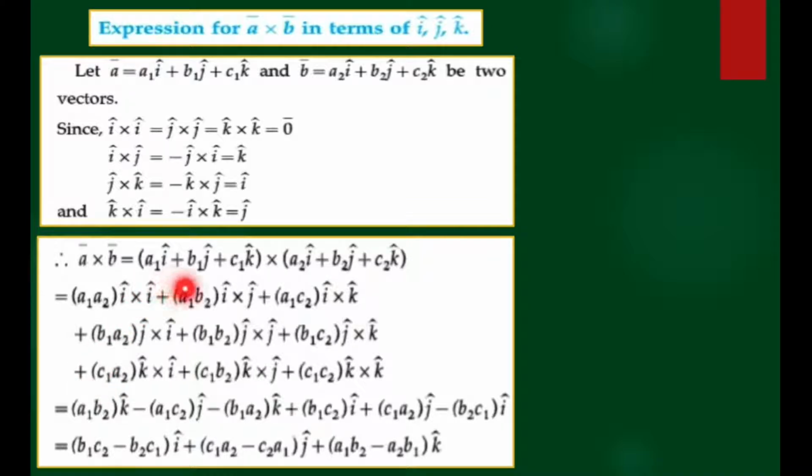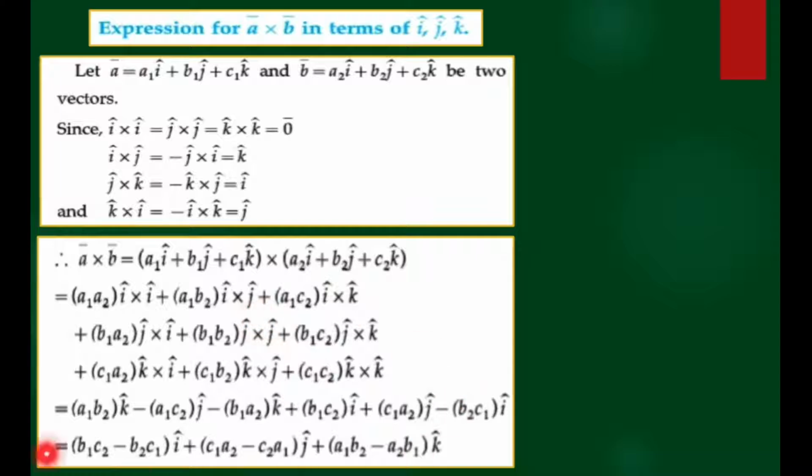So we write b1 a2 i cross i, b1 b2 j cross j, then b1 c2 j cross k. In this way we multiply by c1: c1 a2 k cross i, c1 b2 k cross j, c1 c2 k cross k.